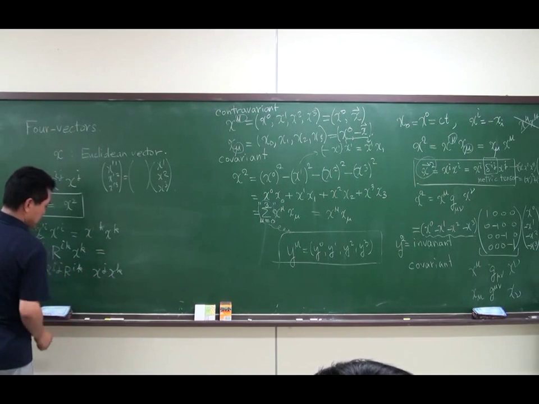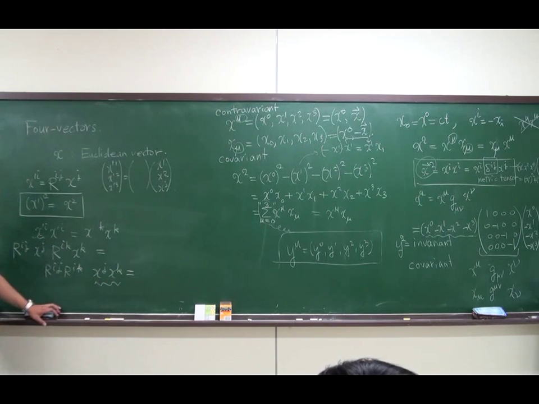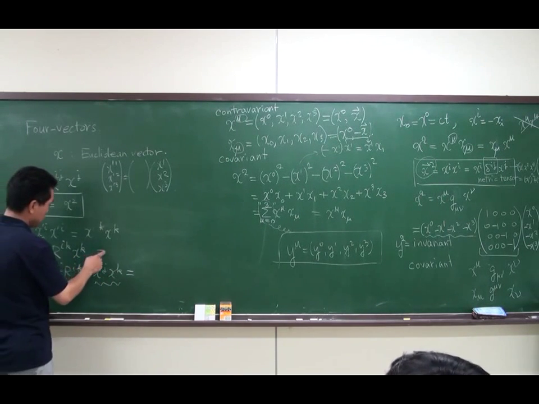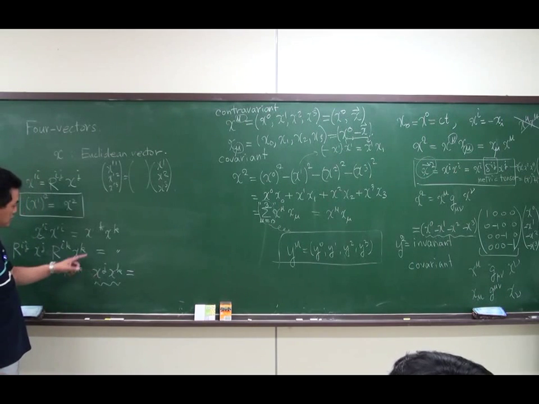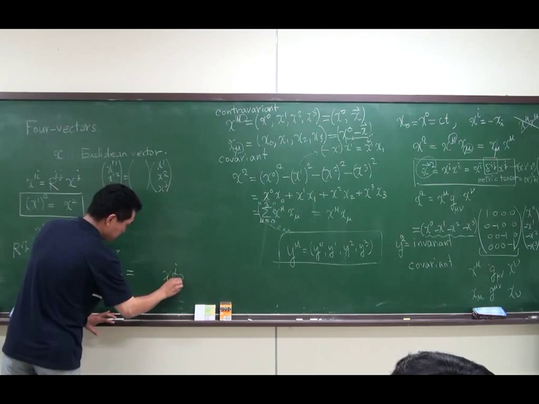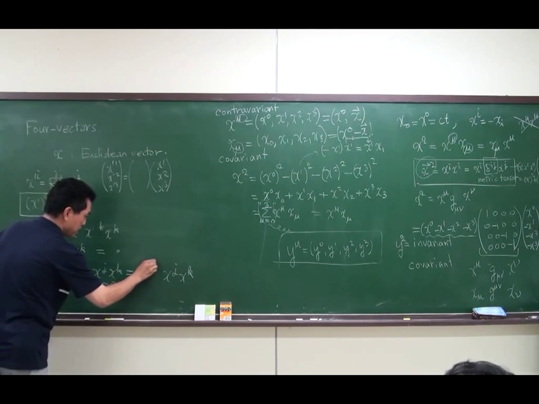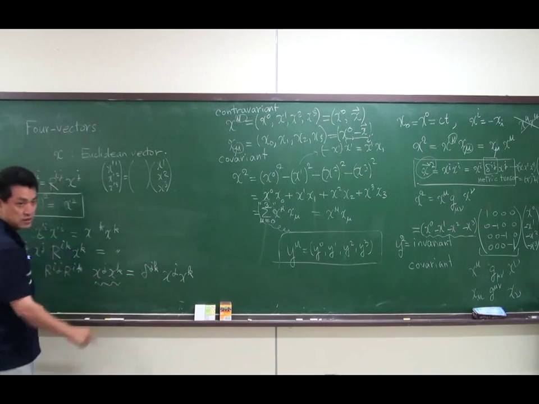What is the right side? I have x_j x_k. So if I want to express this one as a product of x_j and x_k, I have to multiply δ_jk. Then this and this are the same.